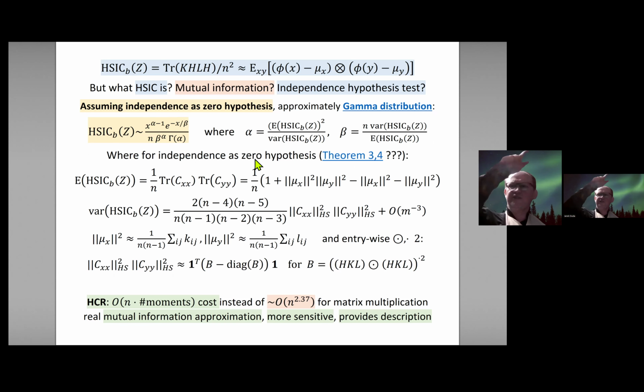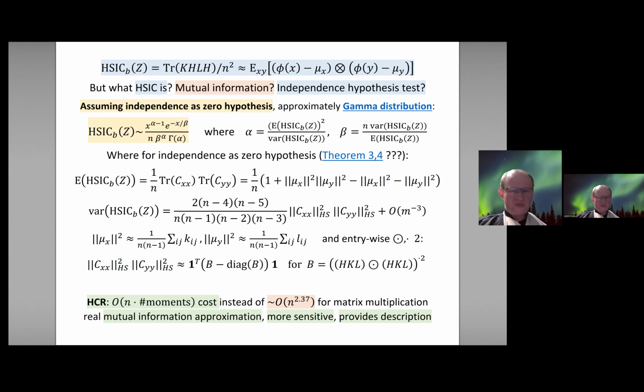So we just need to draw this distribution and calculate the probability that our value is larger than the observed one. So this is the integral of the density over the tail, and we get the probability that this hypothesis is true or not. So we can check the probability that the given sample is independent from this test.